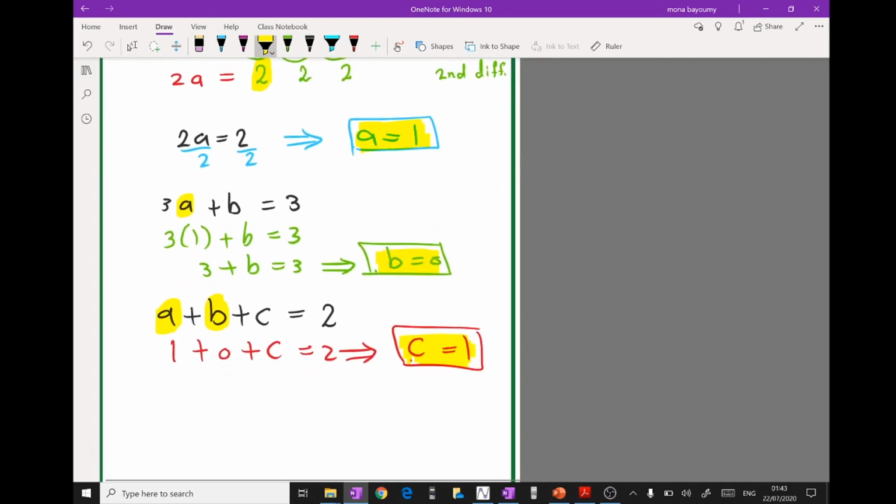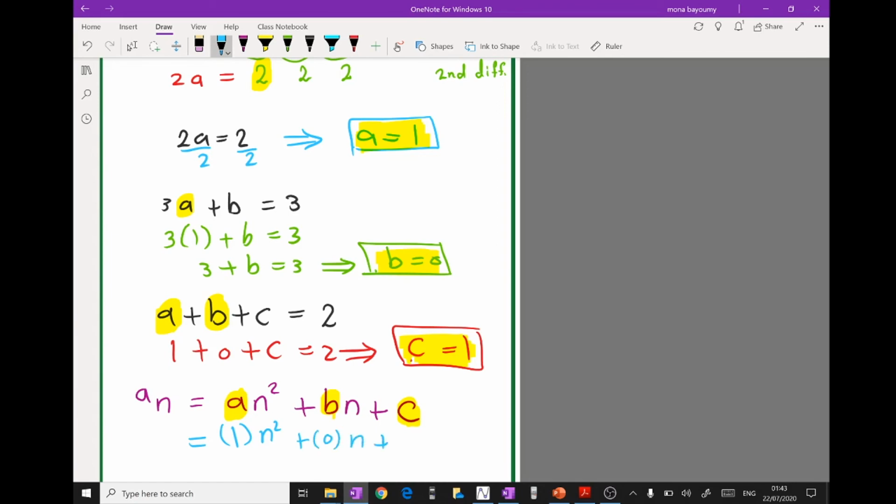So what do I have to do to find the nth term? The nth term is an equals an squared plus bn plus c. Just I will substitute a, b, and c by the values which I calculated. So a is 1, b is 0, c is 1.